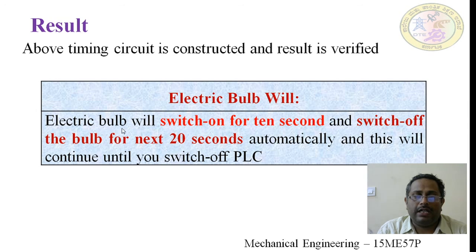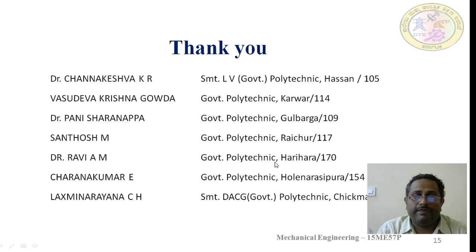The electric bulb will switch on for 10 seconds and then it will switch off for the next 20 seconds automatically, and this operation will continue until you switch off the PLC or download another program into the PLC. This is the result we obtained after verifying the ladder diagram in the PLC. Thank you.